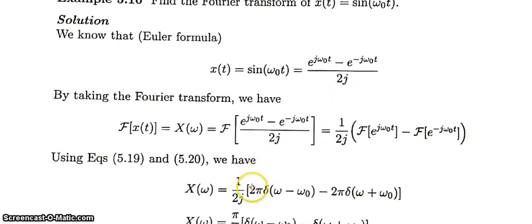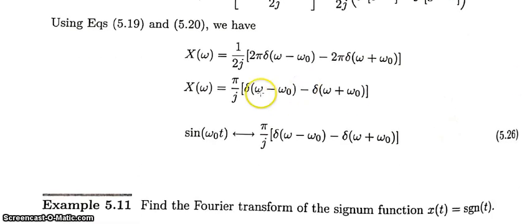So the Fourier transform X of omega is 1 by 2j into, within brackets, 2 pi into delta of omega minus omega 0 minus 2 pi into delta of omega plus omega 0. Therefore, we have obtained it as pi by j into delta of omega minus omega 0 minus delta of omega plus omega 0. Again, two impulses.